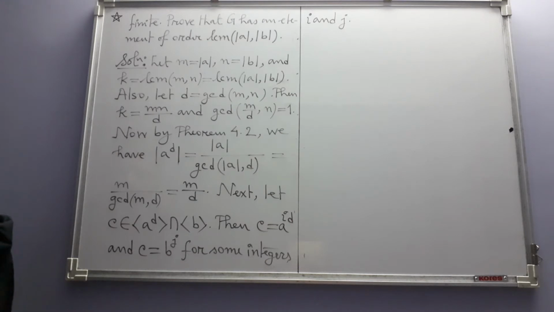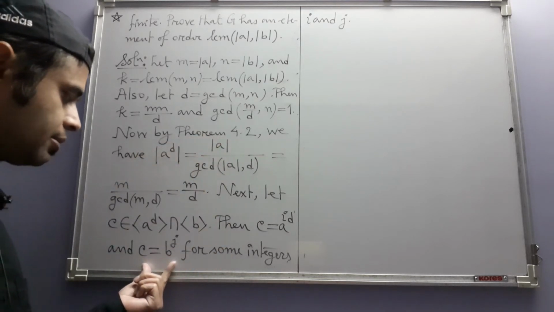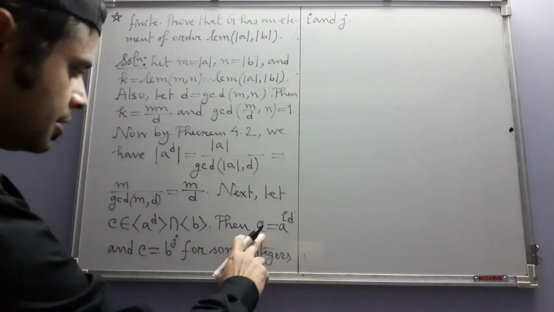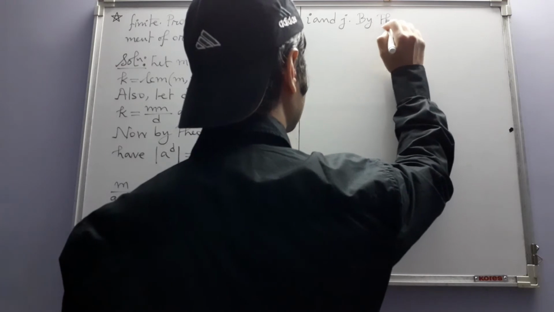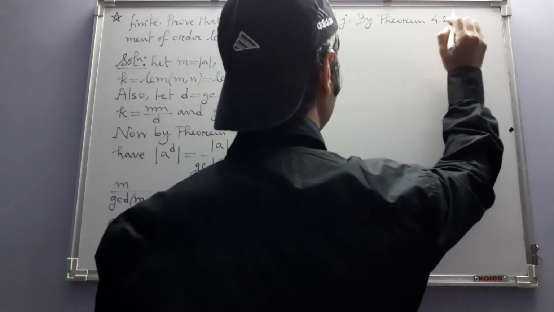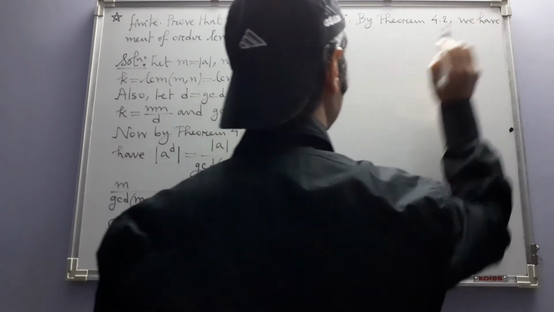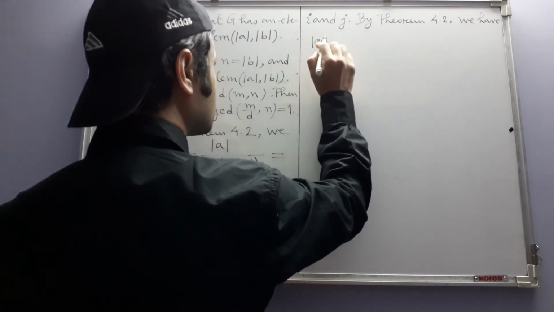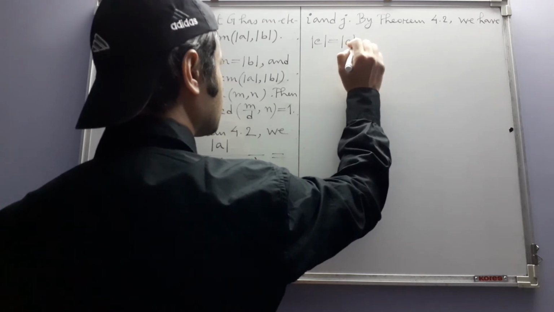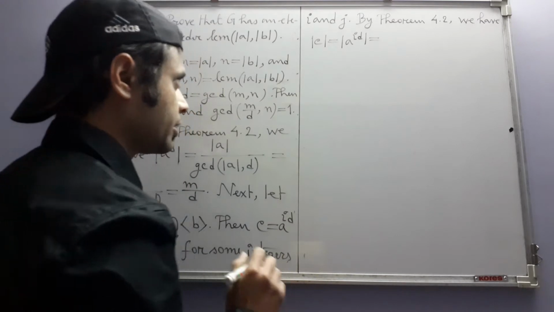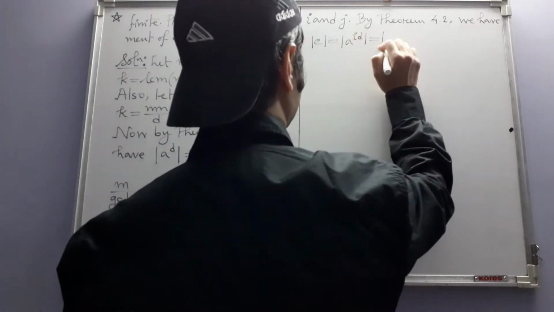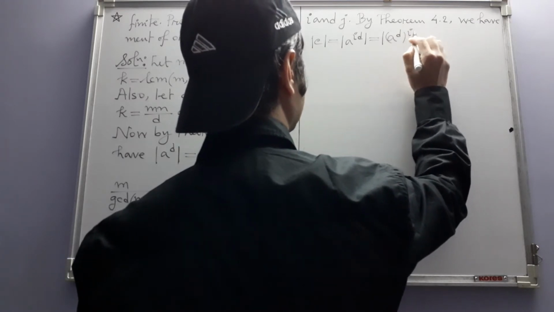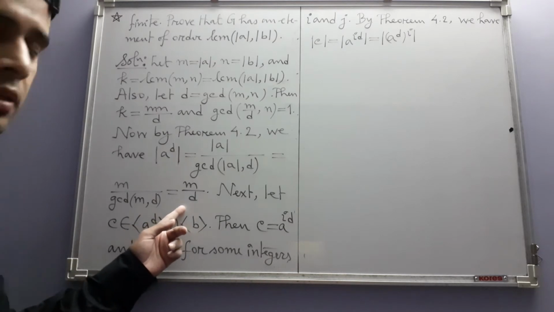Now what we can do, we can again apply Theorem 4.2 to find the order of C using these two different expressions for C. By Theorem 4.2 we have, this is interpreted as the ith power of a to the power d, because we already have calculated the order of a to the power d.